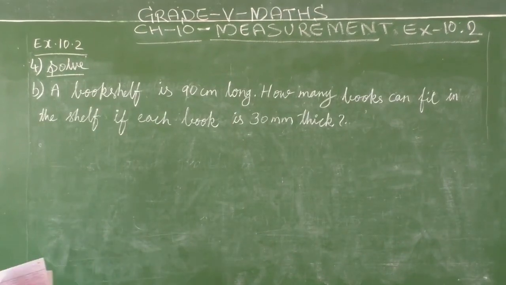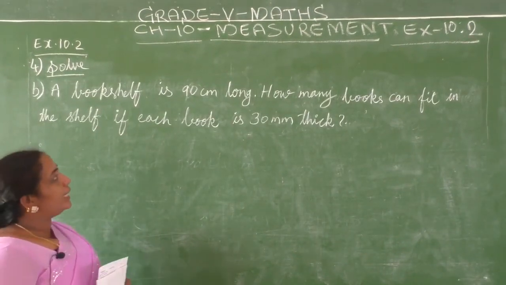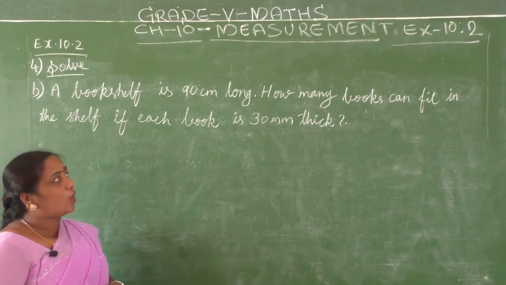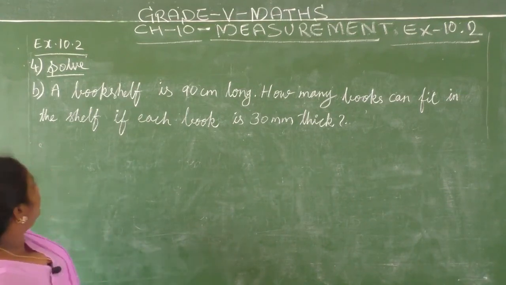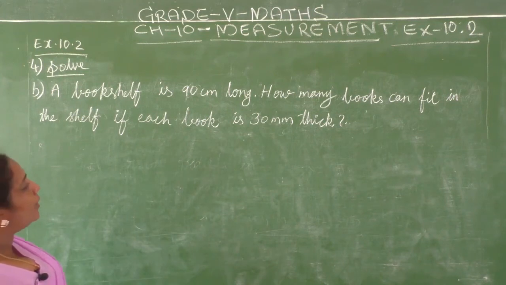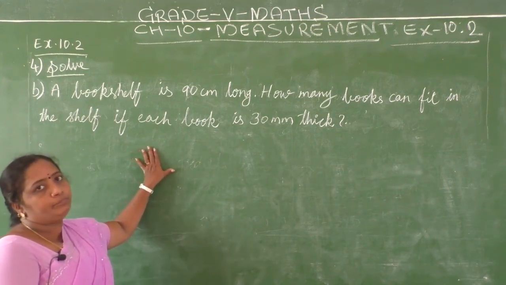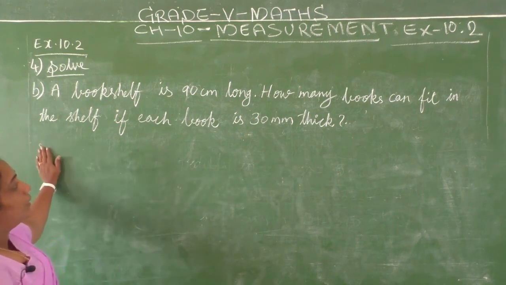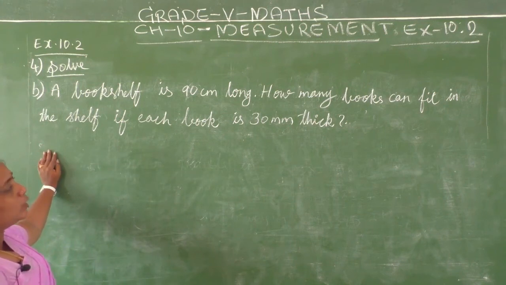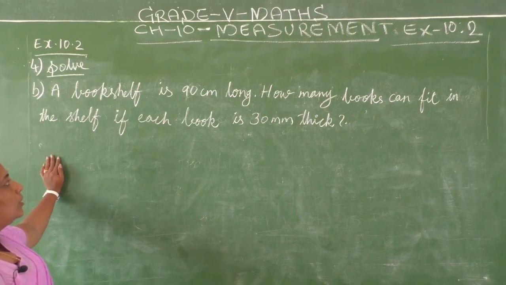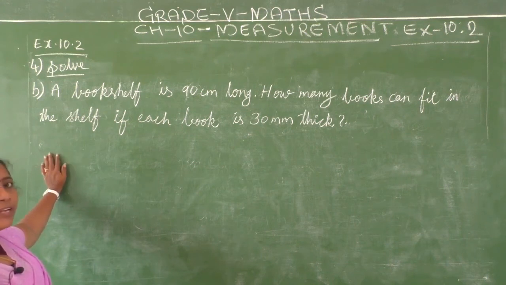Okay ma, B1. A bookshelf is 90 centimeter long. How many books can fit in the shelf if each book is 30 millimeter thick? Okay. They gave one bookshelf length and they also give the thickness of the book also. So using this, how many books we can fit in the bookshelf, we have to find out. How we can find out ma?